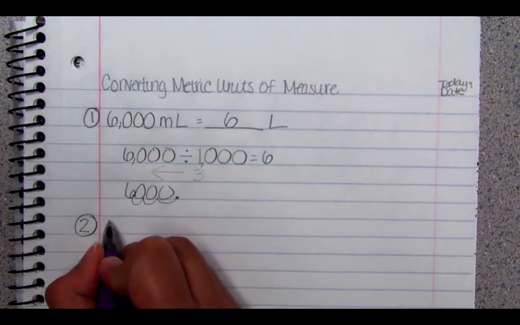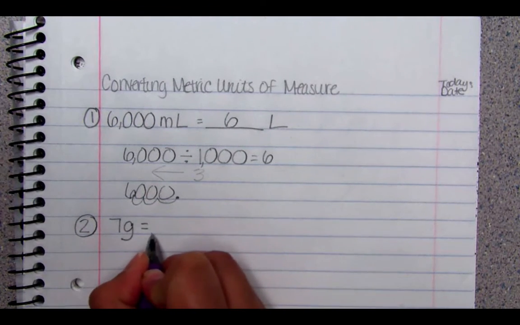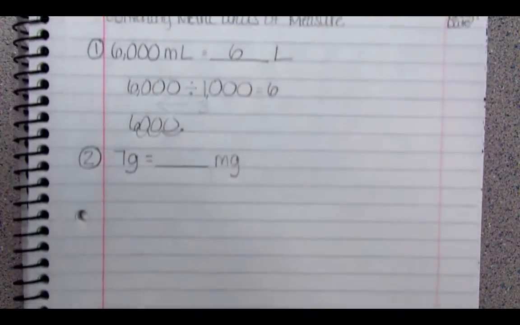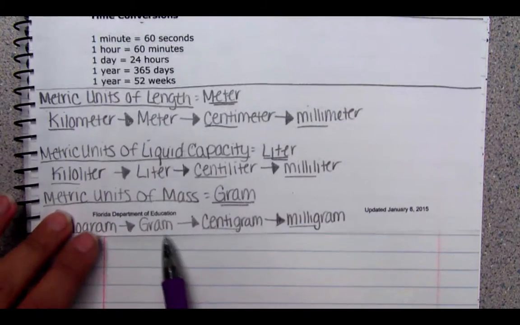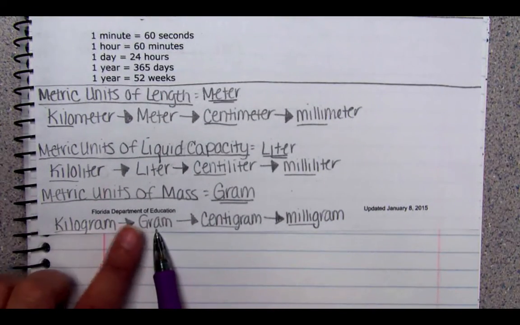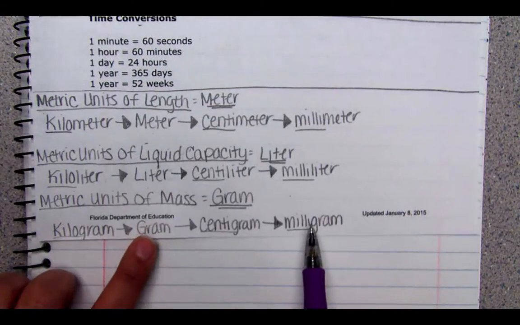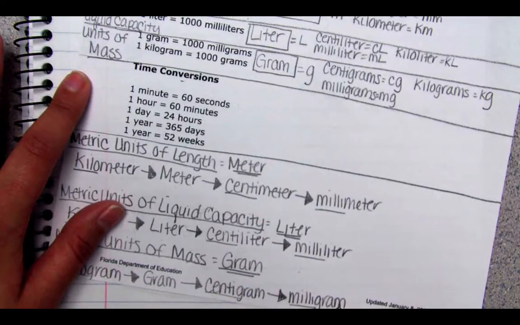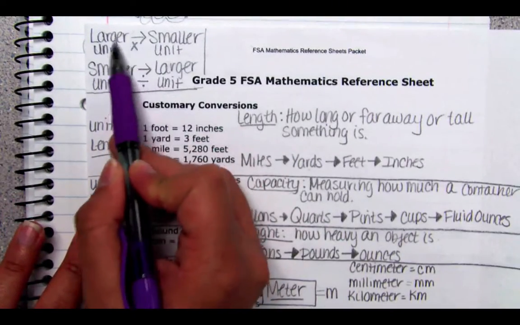Let's try another one. We have 7 grams is the same as blank milligrams. So let's take a look. I see grams are here and milligrams are all the way down here. So I'm going from grams to milligrams. I'm going from here to here. So that means I'm going from a larger unit to a smaller unit, which means I'm going to multiply.